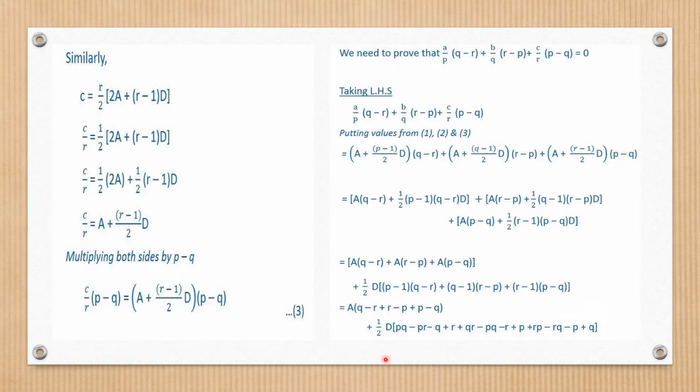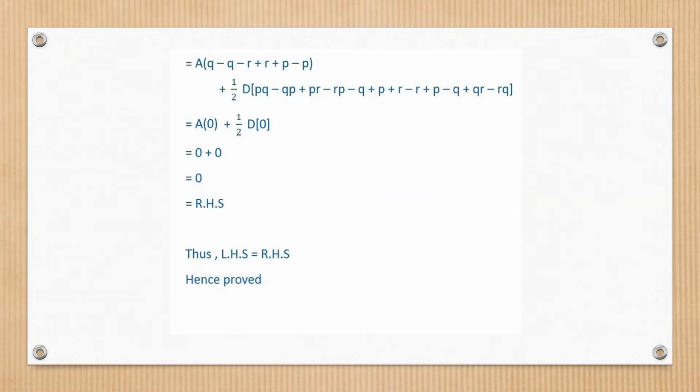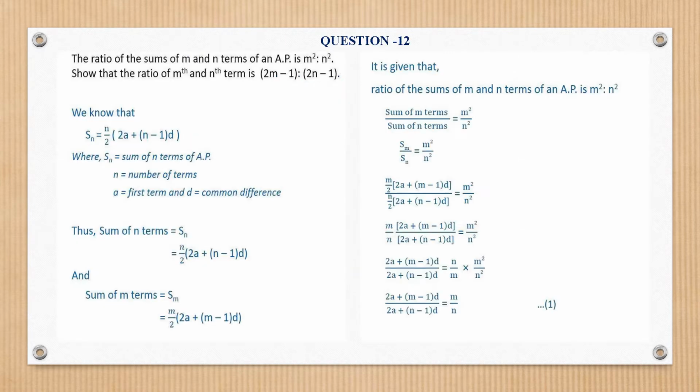In this way, here also I can see that the terms will be cancelled. See from here, pq with minus pq, plus r with minus r, and you will find everything gets cancelled. So a times 0 plus half of d times 0, everything gets cancelled. So you can see it is 0. I'll get the sum as 0, which was my required right hand side.